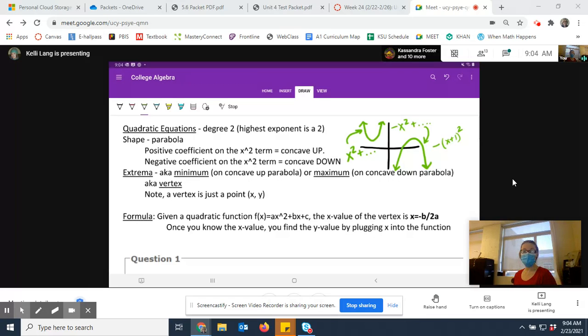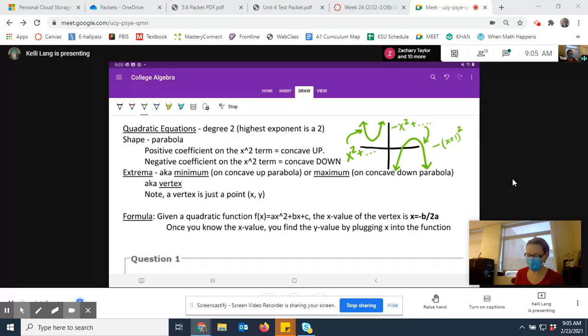So here is a new word that you might not have heard yet this semester, extrema. This word means extreme. It means the point that is the most extreme on your graph. So when we're talking about an extreme point, we're either talking about the extreme top or the extreme bottom. So extrema have other names.